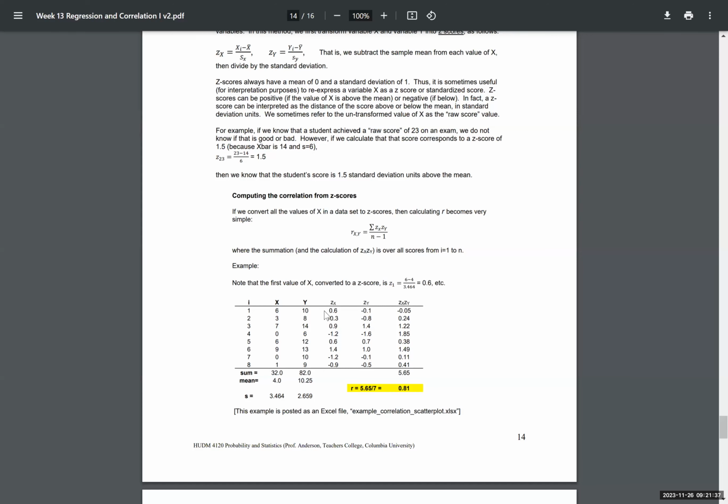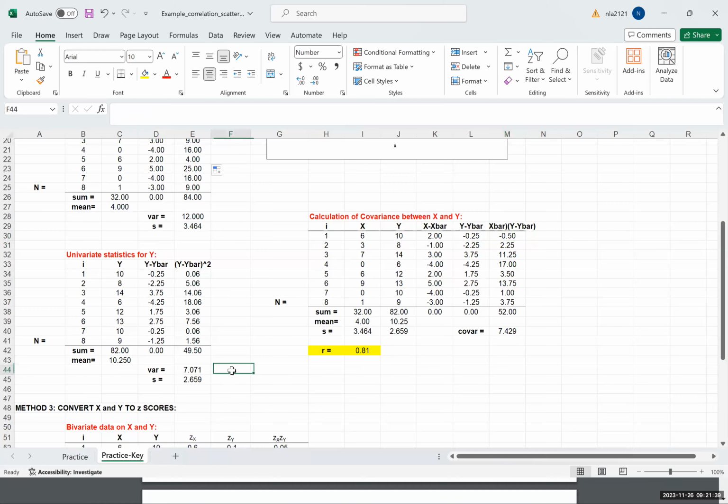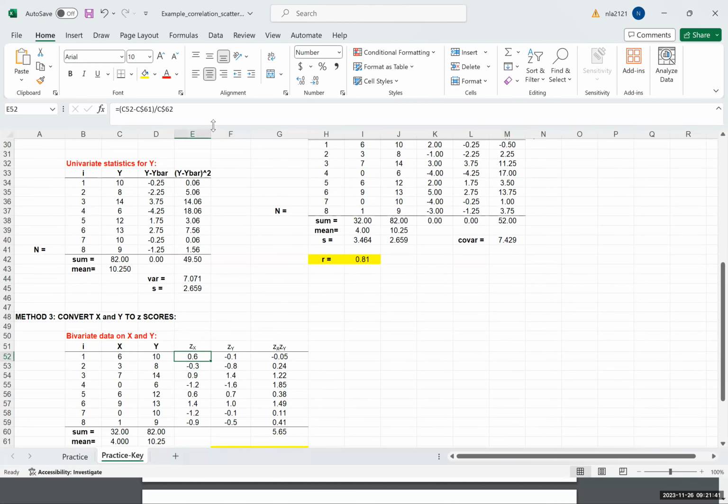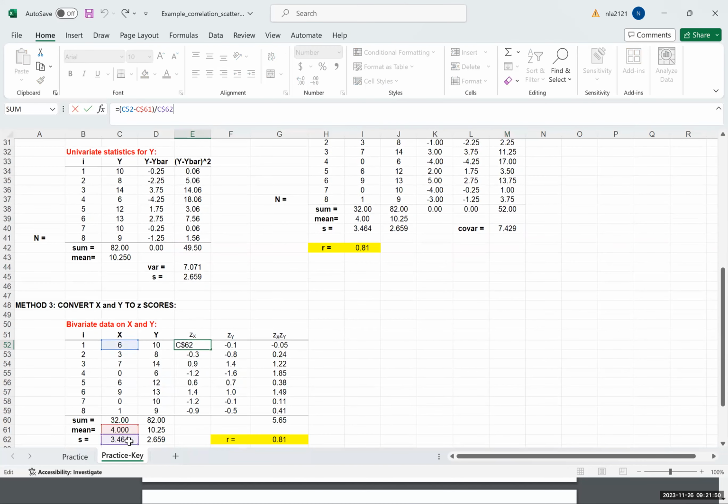Maybe, let me go over to this table. Maybe you find it a little quicker. And so again, how do I z-score? I take the x, I subtract the mean, which is 4.0, and then I divide by the standard deviation. And so I want you to notice that I'm using cell referencing. So I've locked in C61. So as I drag the formula down, you can see that only the first X, C55 here, is the only thing changing.